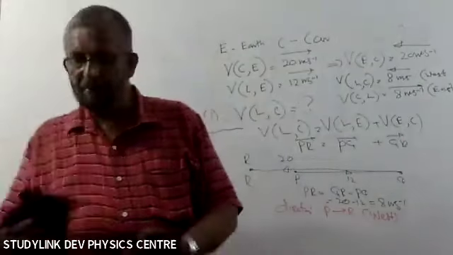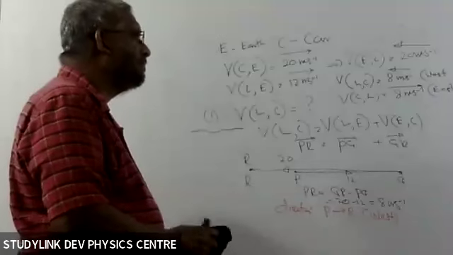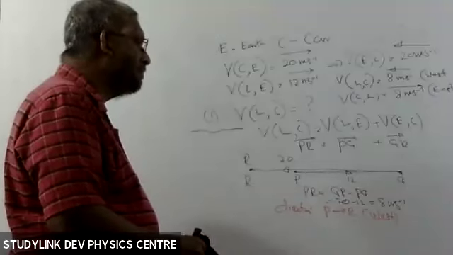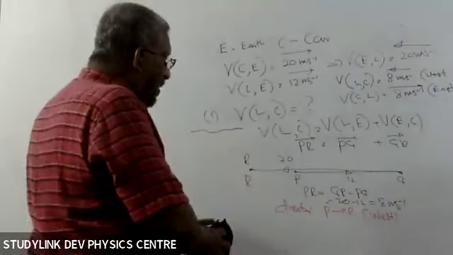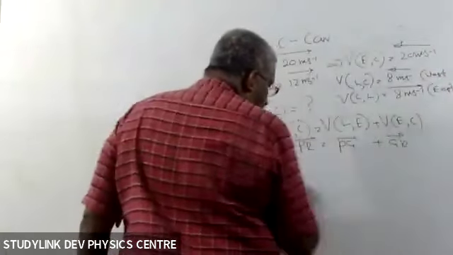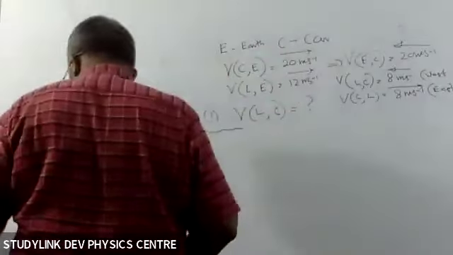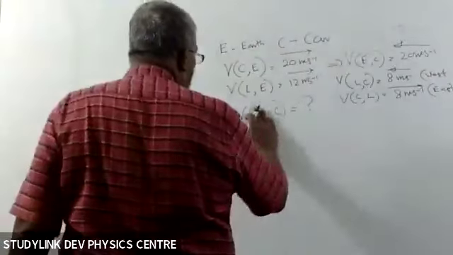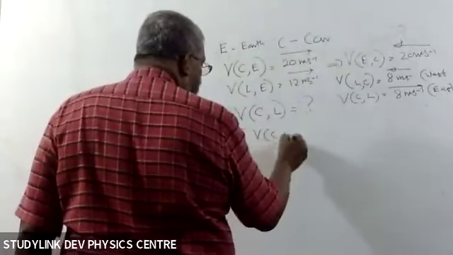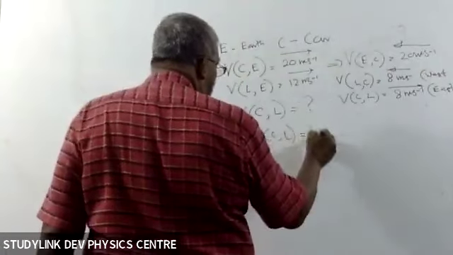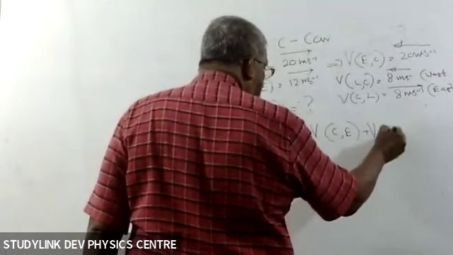Now again consider this method. I want to find the velocity of the car relative to the lorry. It's like the normal method. Velocity of the car relative to the lorry is equal to V_CE plus V_EL.